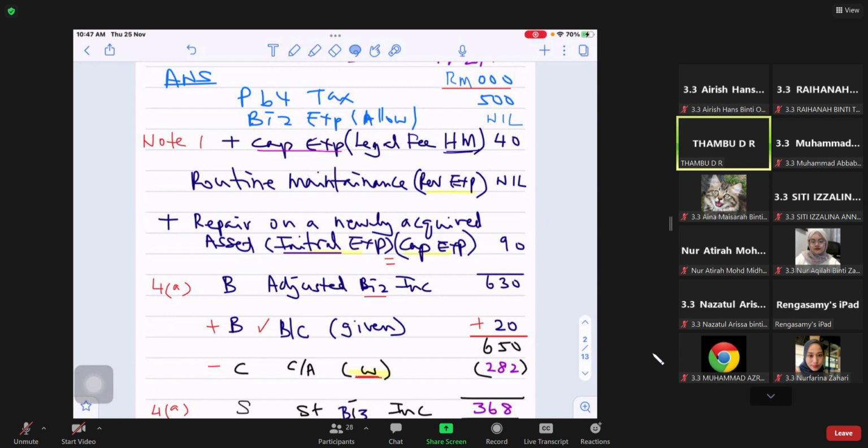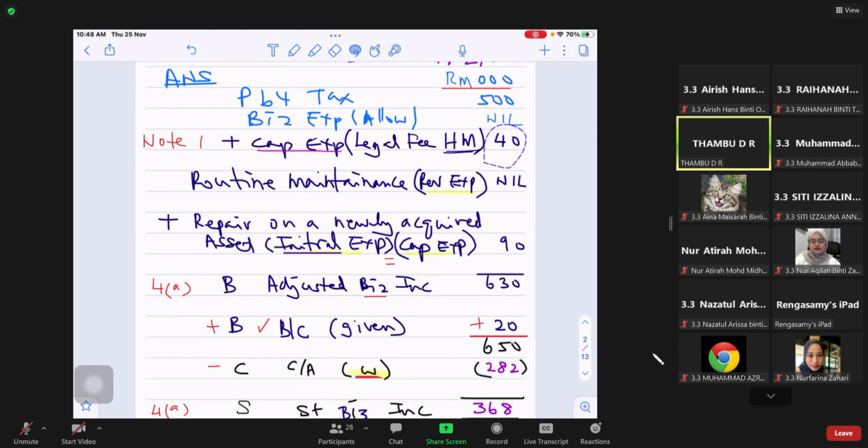Okay, friends, I hope you have finished. Now we look at this. We start with 500. We add business expenses, which is allowed. Capital, you pay legal fee. Legal fee you cannot put in the income statement.